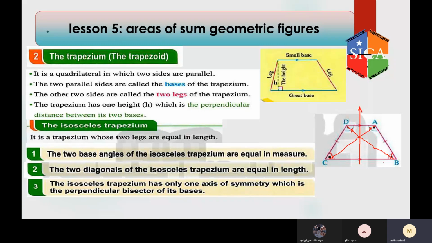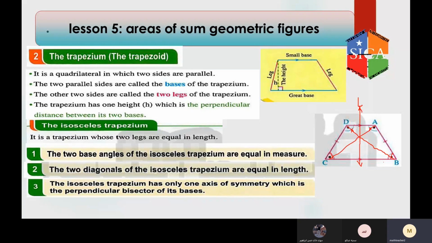The axis of symmetry, from its properties, of any shape, of any figure, divides it into two congruent figures. Then the line L here is the axis of symmetry of the trapezium ABCD.